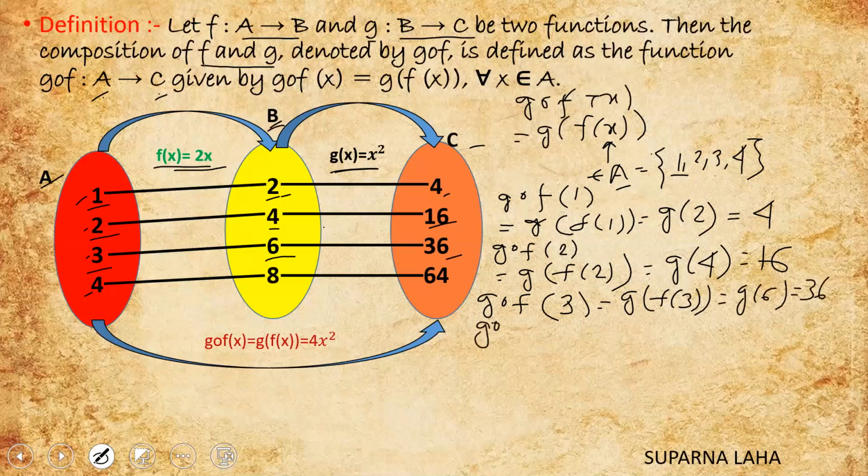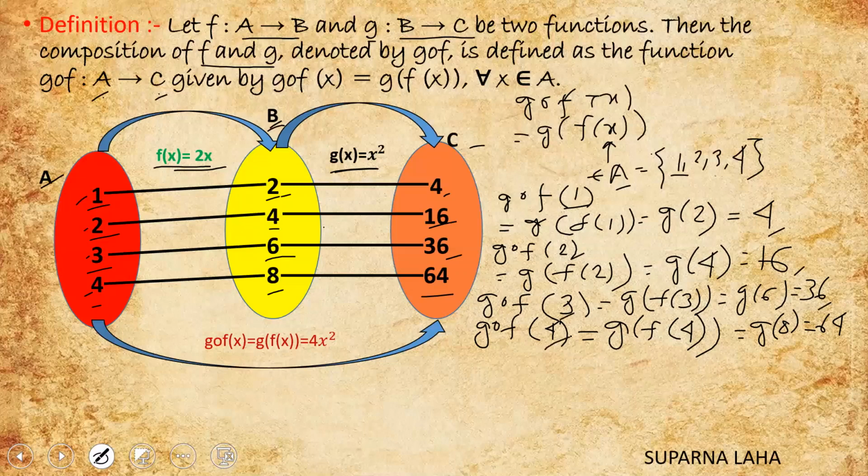Now g of f of 4: what is f of 4? It is 8, so g of 8 is equal to 64 here. So look, for 1 I am finding the image 4, for 2 the image 16, for 3 the image 36, for 4 the image 64.